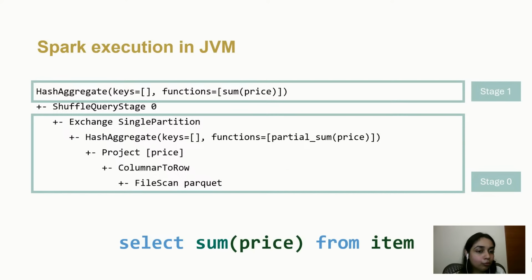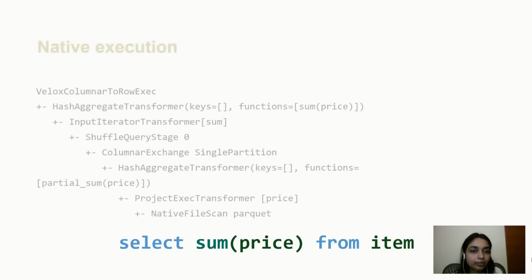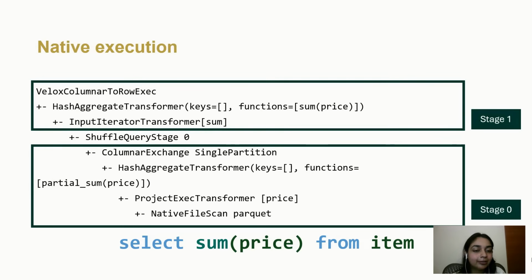We then do what we call a partial aggregate, because each executor just has its snapshot of the data. Each executor sums up whatever values of the price column it has assigned to it. Then this data is shuffled to the driver, where a final aggregation is done to report the results back to the user. If we go to the next slide, we can see how this plan looks in the native engine.